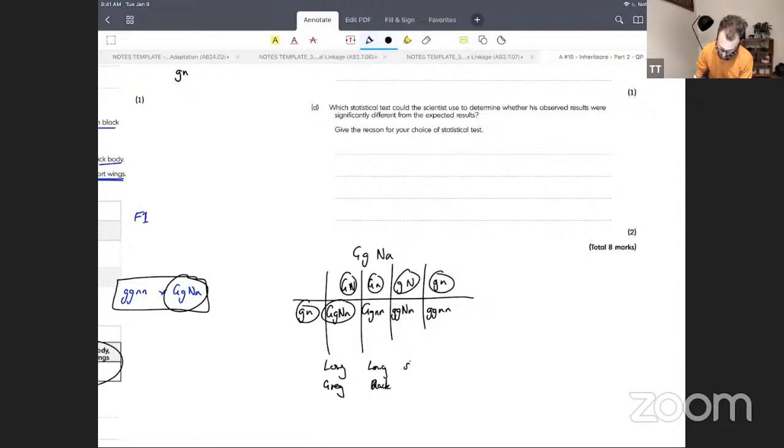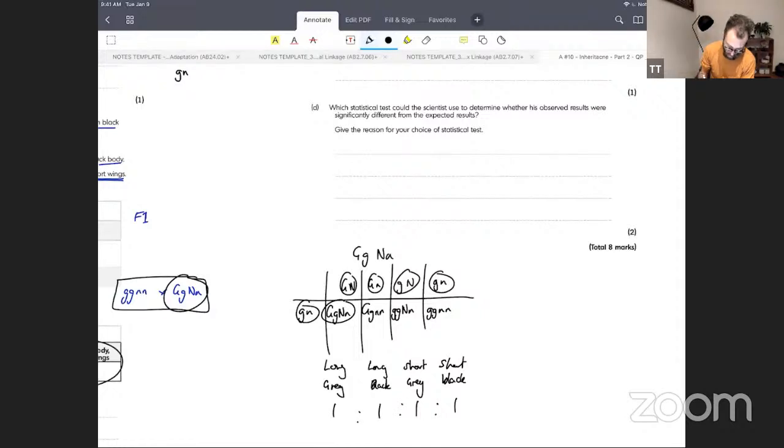Then we've got short wings and gray. I think I'm getting this the right way around. Maybe I'm getting it the wrong way around. And then we've got short wings and black. One of these, one of these, one of these, and one of these.